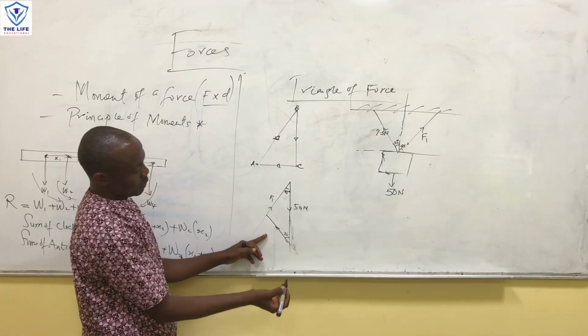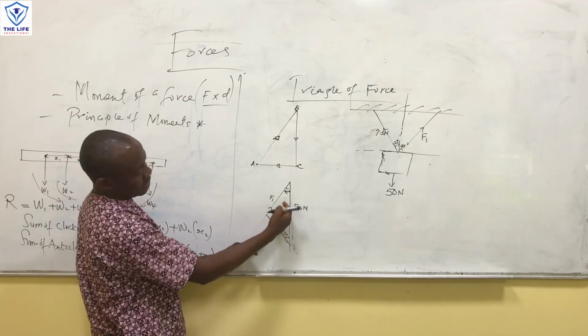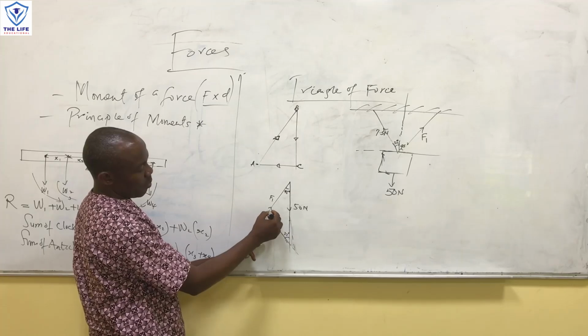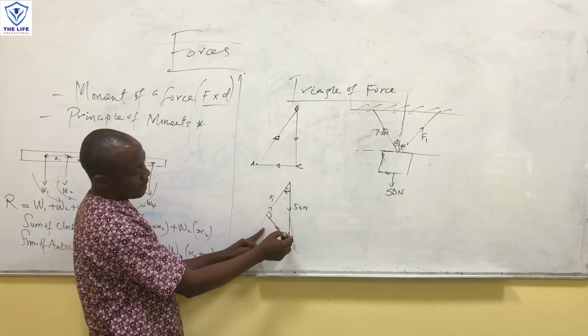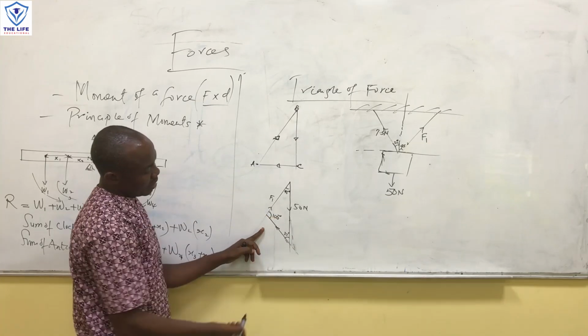So what we need to do is to solve this triangle. 45 plus 30 together gives 75, take it from 180, then you have the angle, which should be 105 degrees. Is that okay?